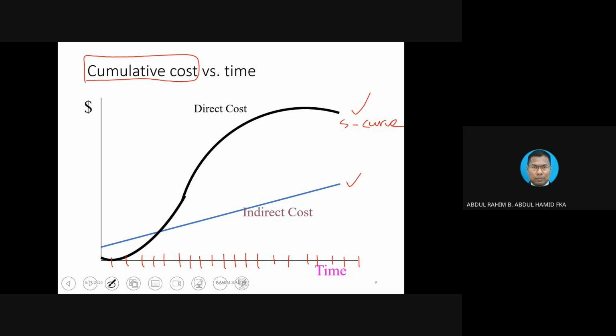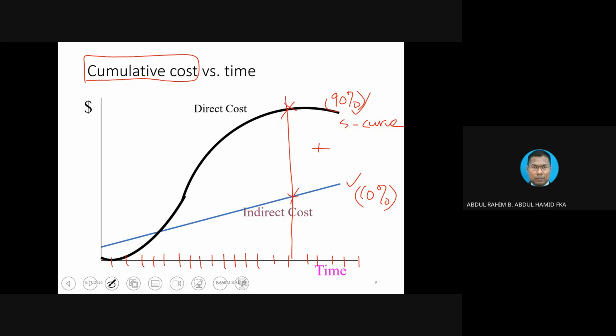And if, for instance, we add these two graphs together in order to get one graph, let's say at any point, this point and this point, since indirect cost is only 10%, which is sometimes even less than 10%, and the direct cost is much bigger.